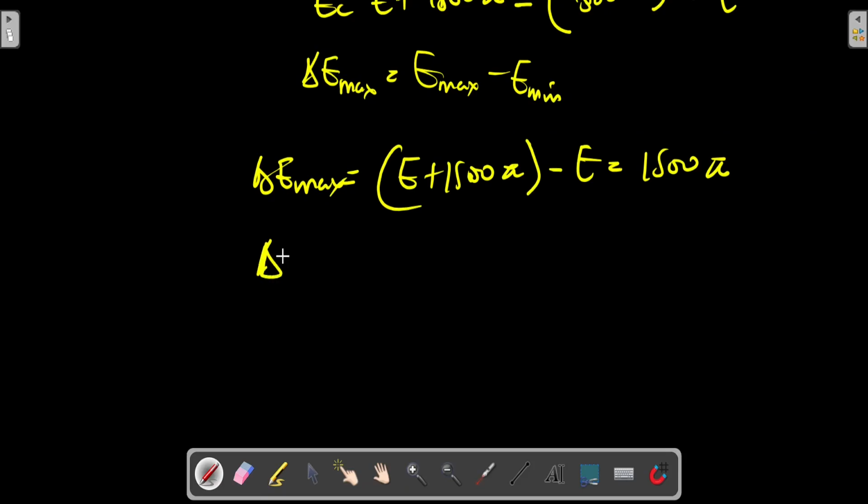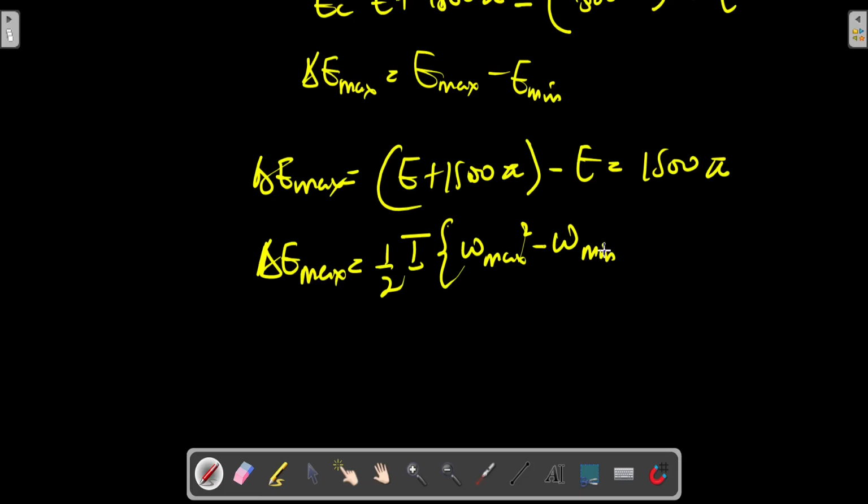Now we know the maximum energy fluctuation is equal to half times the polar moment of inertia multiplied by omega max squared minus omega min squared.